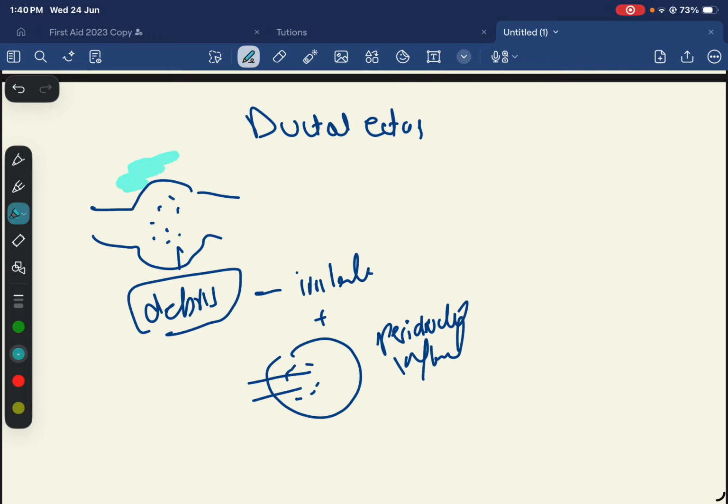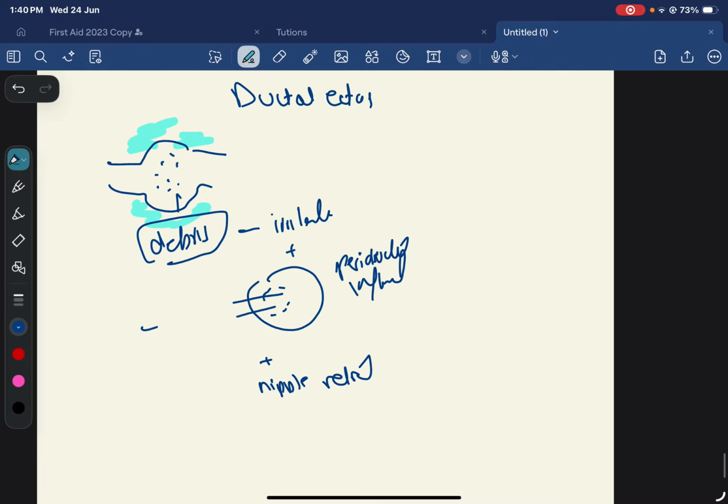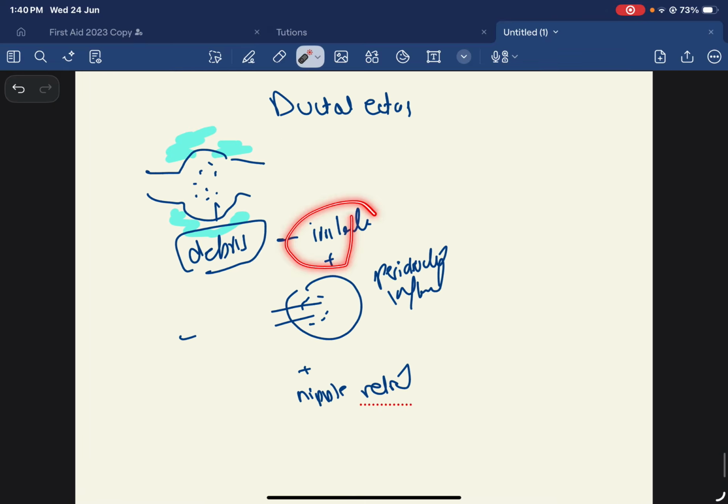So there's going to be inflammation in the surrounding area. It is going to cause irritation, and it is also going to lead to nipple retraction. So there are 3 things associated with ductal ectasia: irritation, periductal inflammation, and nipple retraction.